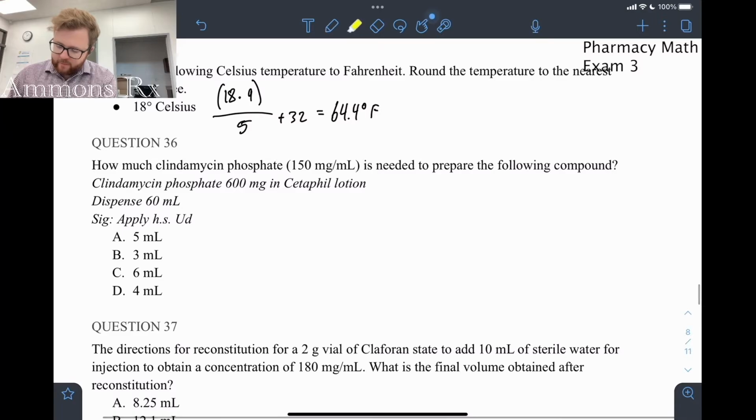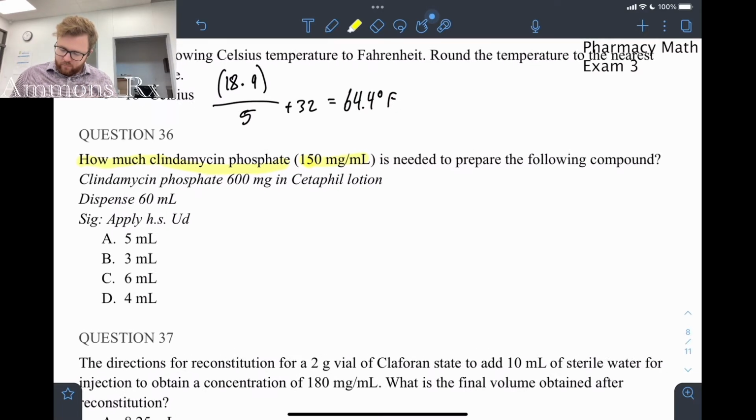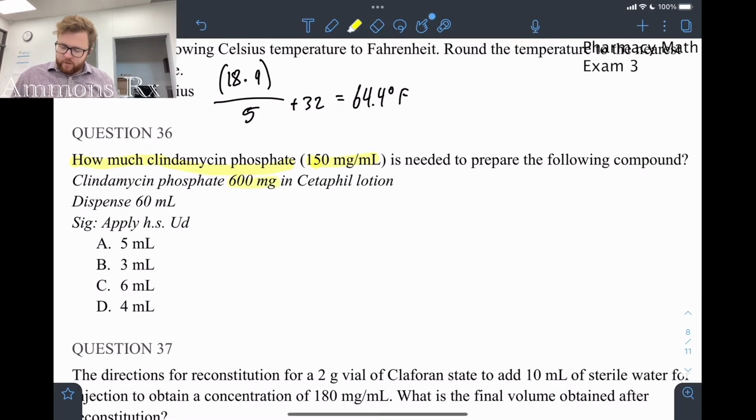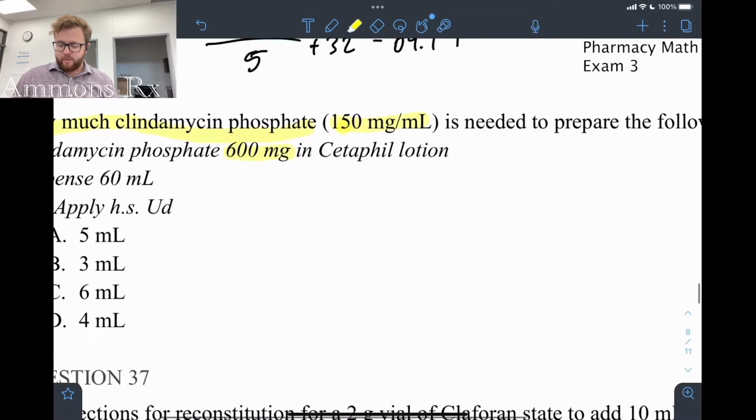How much clindamycin, 150 milligrams per mil, is needed to make the following compound? So right there, that's the important part. The 600 milligrams is the important part.